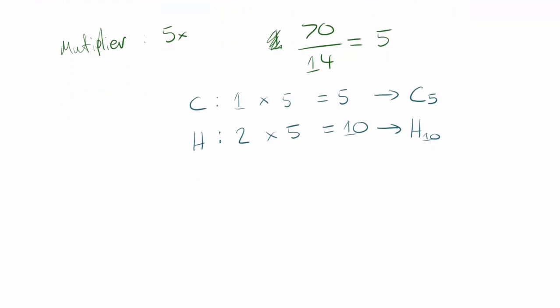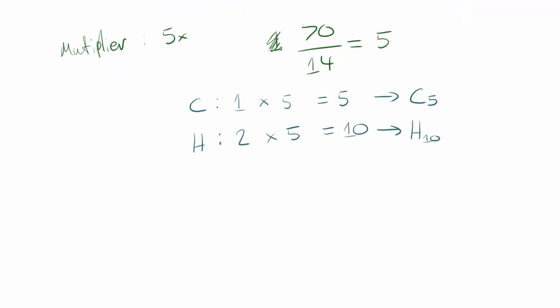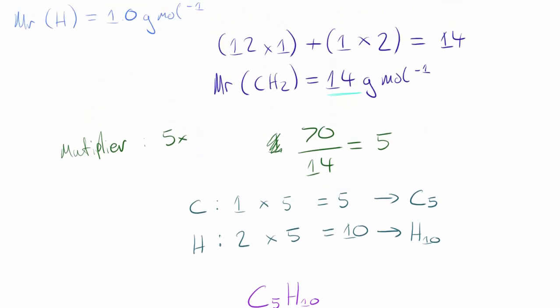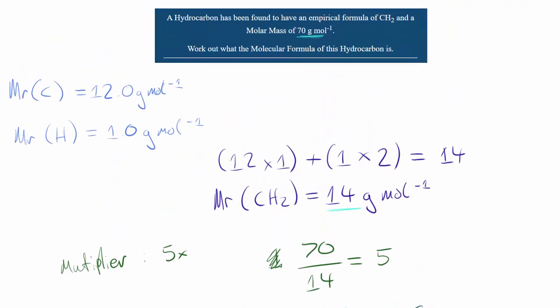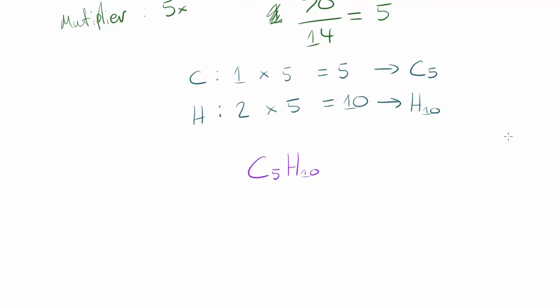Given these numbers, we can now put this together to form the molecular formula that we've calculated. The molecular formula is C5H10. So in this question, where it's asking what the molecular formula of this hydrocarbon is, what we've been able to work out is that it's C5H10.